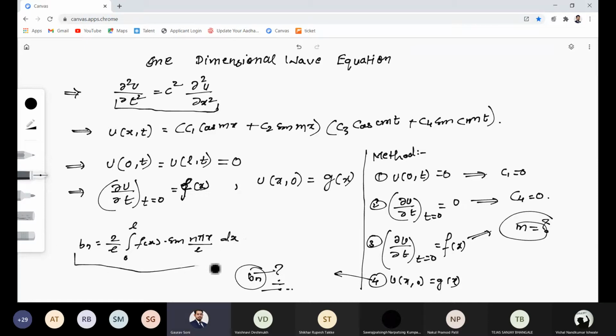We use this formula to find out the Bn, and in the second example what we did was we compared left and right hand side. Fine. So this was everything that we have seen yesterday.